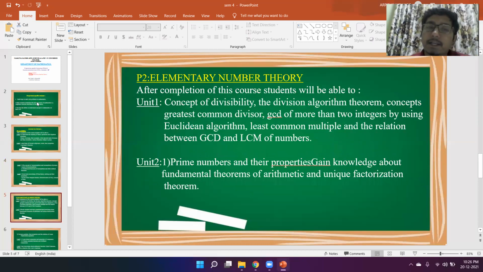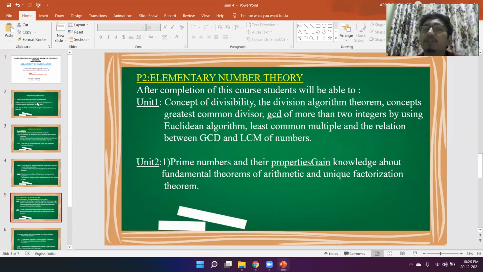After that, the second paper is your Elementary Number Theory. Elementary Number Theory is a very interesting paper. In Unit 1, the students will be able to understand the concept of divisibility, which we have been learning since school days.